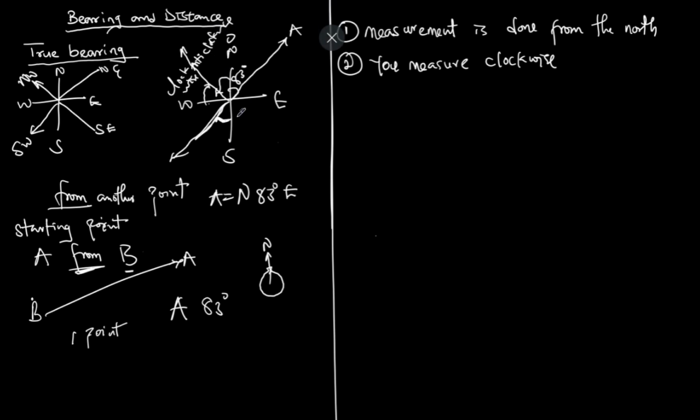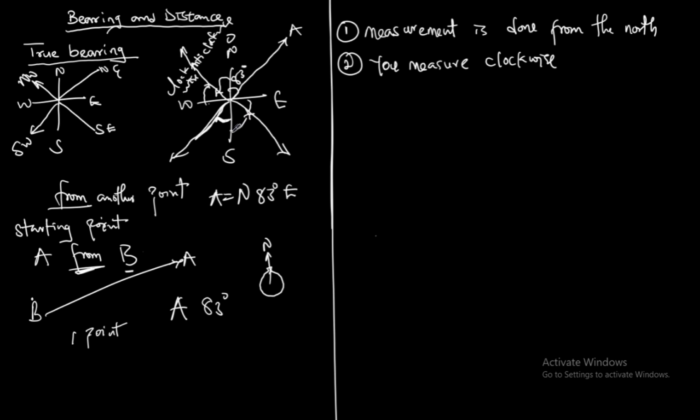You're going this way. Same thing if you have a point between the south and the east. To go clockwise will be you measuring from the east going towards the south. However, you don't measure from the east to the south in compass bearing. You only measure from the south towards the east.